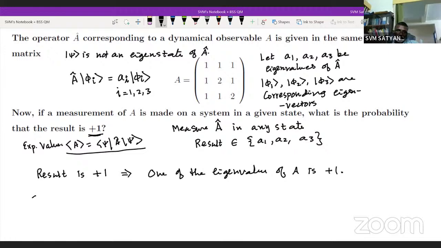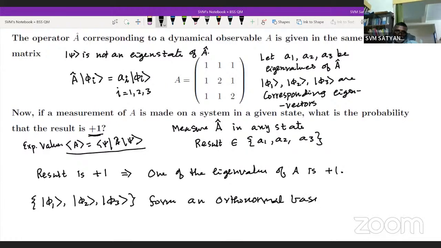The second concept is that these three states phi1, phi2, phi3 form an orthonormal basis of the state space.